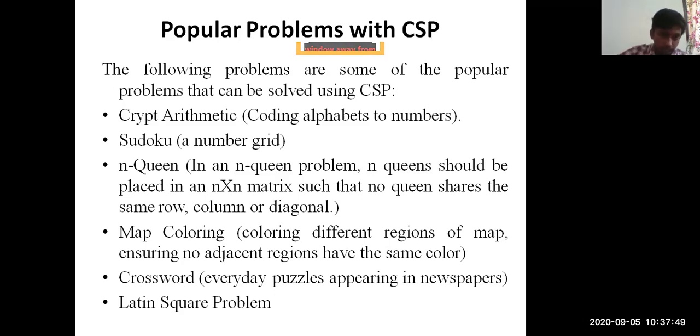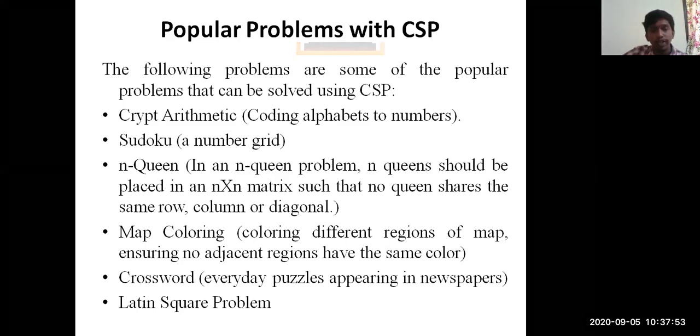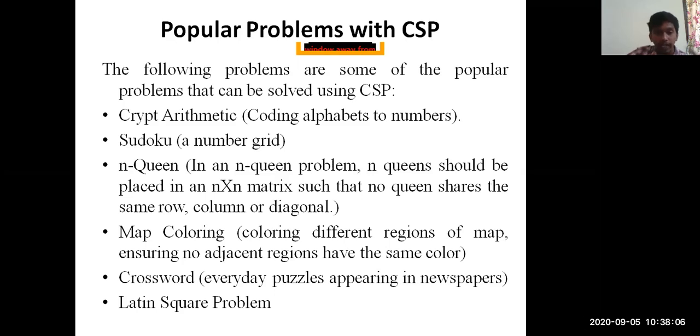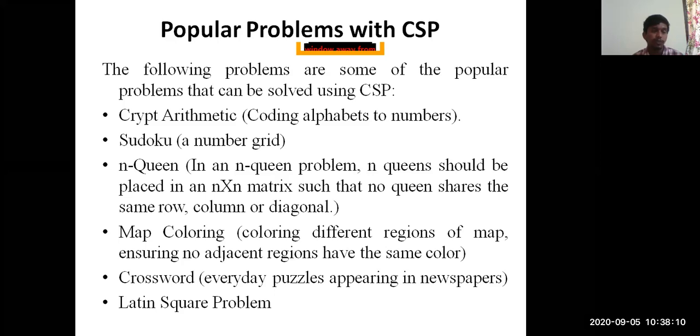And in today's session we'll try to understand a very popular game called Sudoku, or a number grid, which everybody tries to solve. With respect to AI, we'll see how the constraint satisfaction problem is a solution for Sudoku. Also you'll have the N-Queen problem and the map coloring problem. CSP is a solution there.